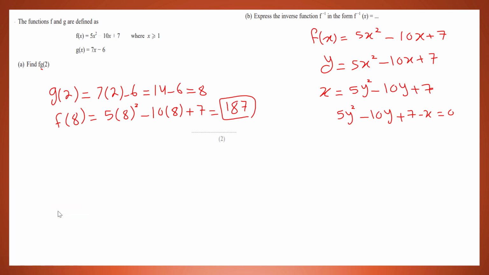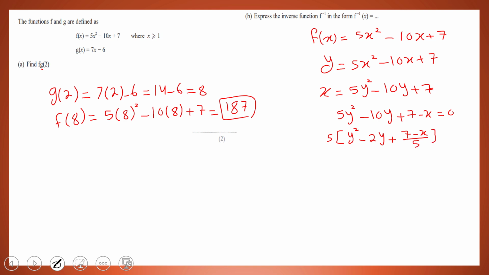But before applying it, I must take 5 as a common factor, because the completing the square formula cannot be applied when you have a coefficient greater than 1. So it will be 5 out, and then y squared minus 2y plus 7 minus x all over 5.